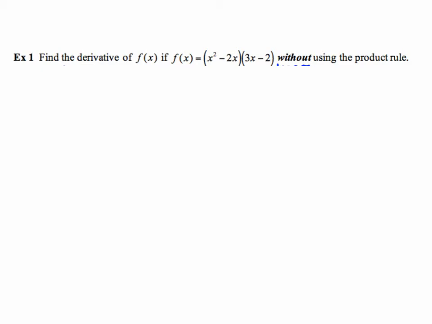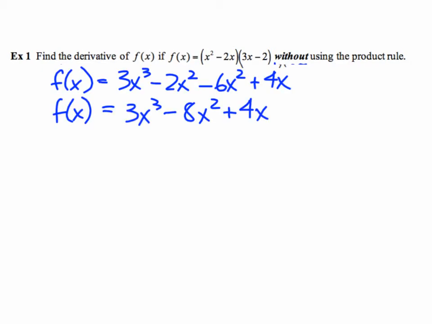x squared times 3x is 3x cubed, minus 2x squared, minus 6x squared, plus 4x. And we combine like terms. So f of x equals 3x cubed minus 8x squared plus 4x.